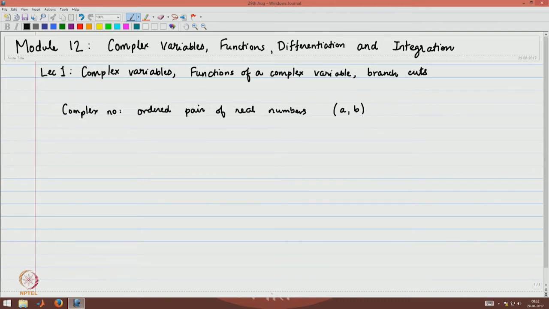Okay. And this is conveniently written as C equal to A plus iB, where i is taken as square root of -1. Okay. This is used to define multiplication of complex numbers.